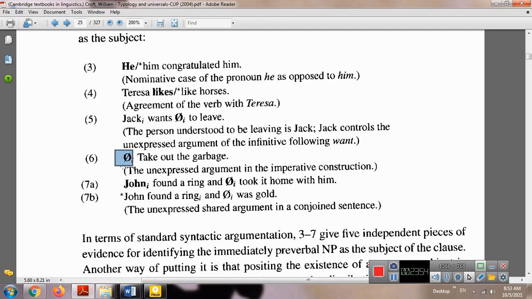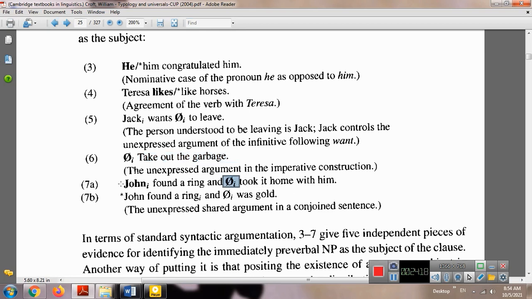In syntax, we call that argument the subject, and the other part of the sentence is considered the predicate. John found a ring and took it home with him.